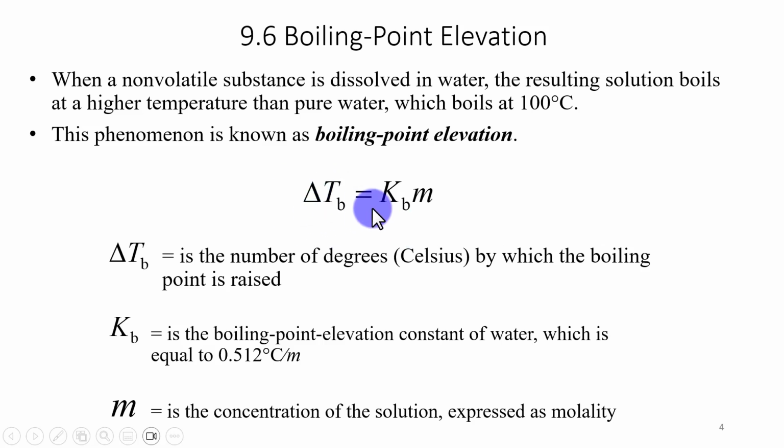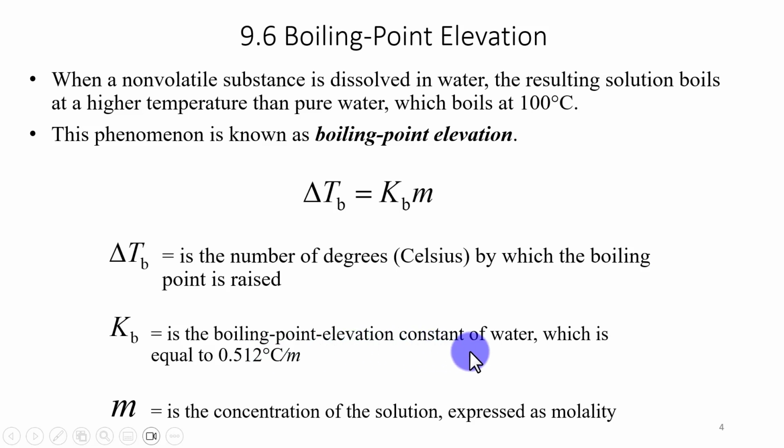So delta Tb is equal to Kb times m, where this delta T is the number of degrees by which the boiling point is raised. But remember, if I want to calculate the new boiling point, I would have to add the delta T to the original boiling point. In this case would be for water, which is 100 degrees.